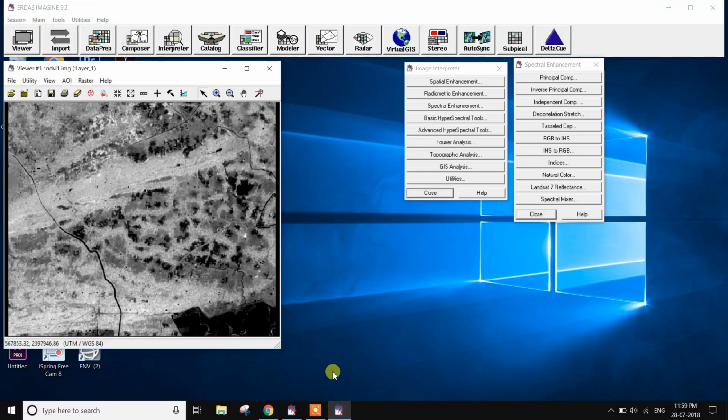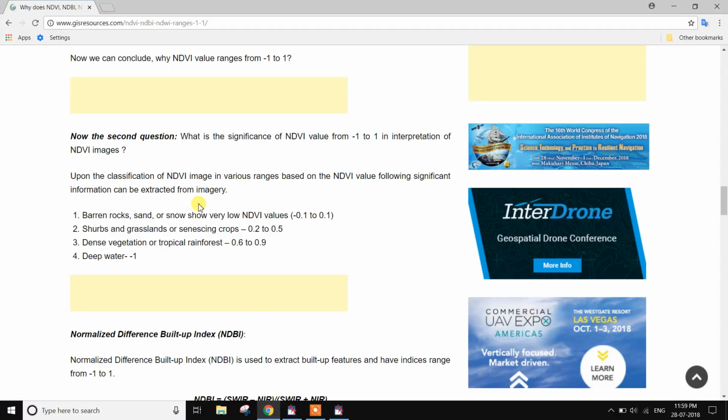Actually, this image is interpreted upon the classification. In the NDVI image, various ranges based on the NDVI value, and the following significant information can be extracted from the imagery. Barren rock, sand or snow have very low NDVI values, minus 0.1 to 0.1.